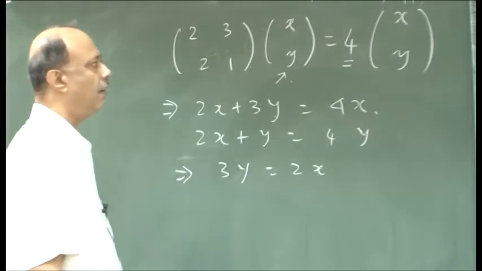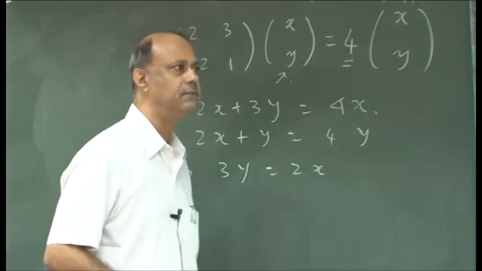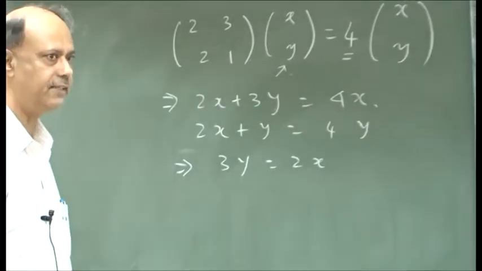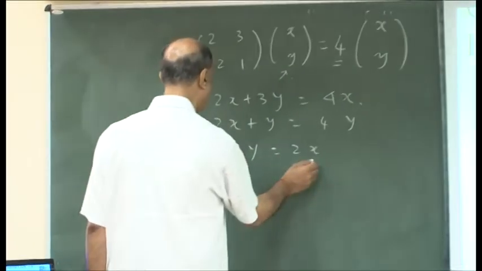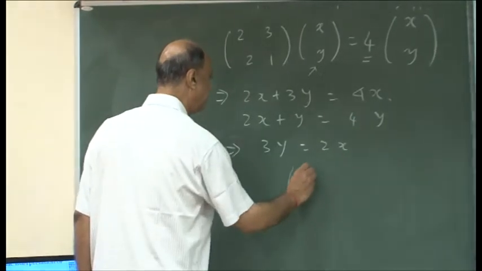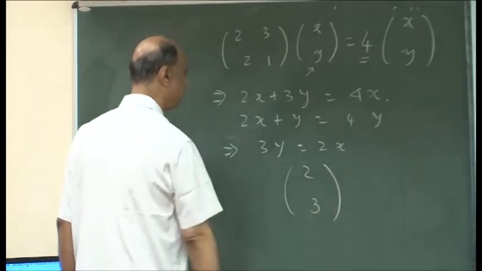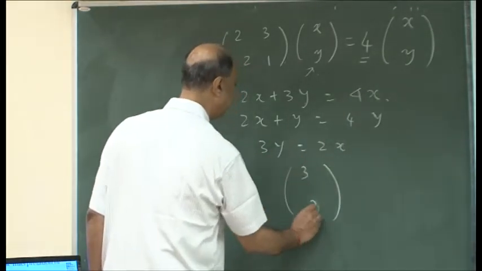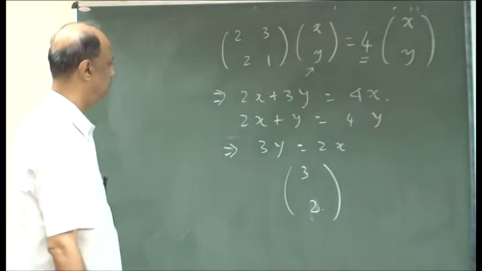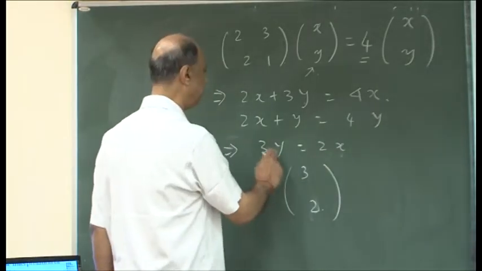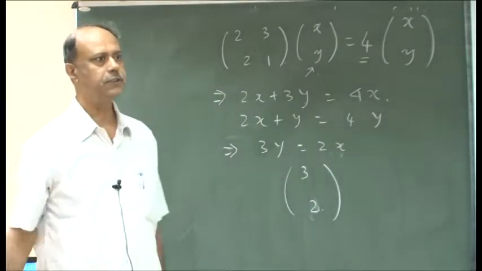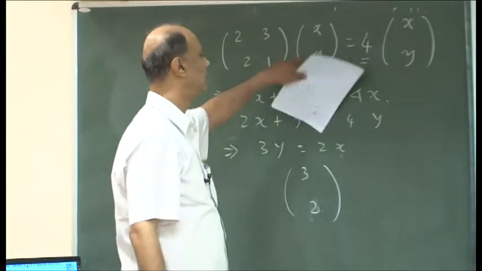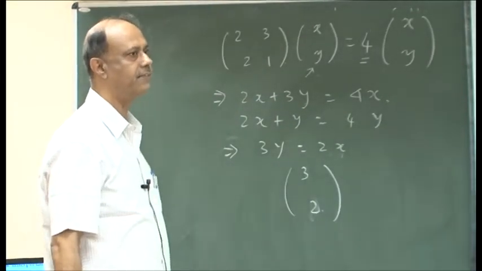So, once you want to find the principal axis, it will be a line, y equals to x form. So, this will be possible only when it is 3 and 2. 3 into 2 is 6 and 2 into 3 is 6. So, this is the only way you will be getting this line. So, this is your x y, that is your eigenvector.